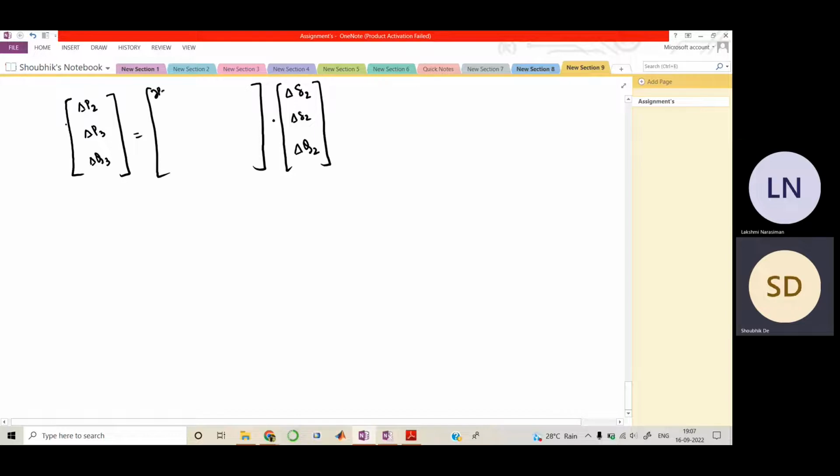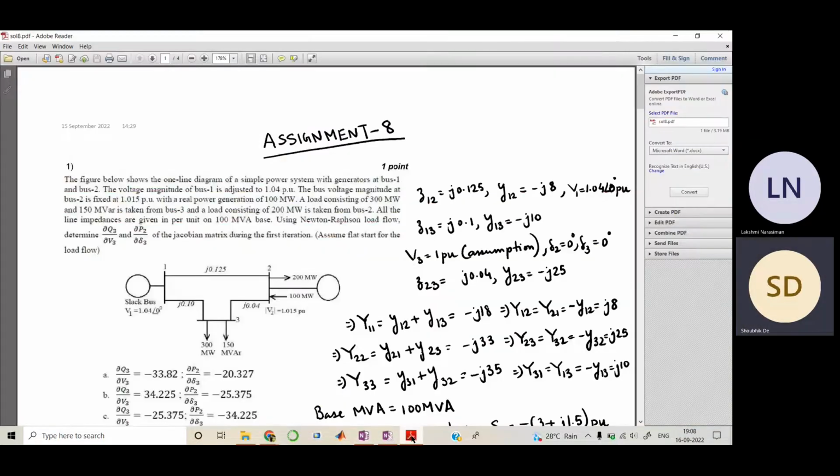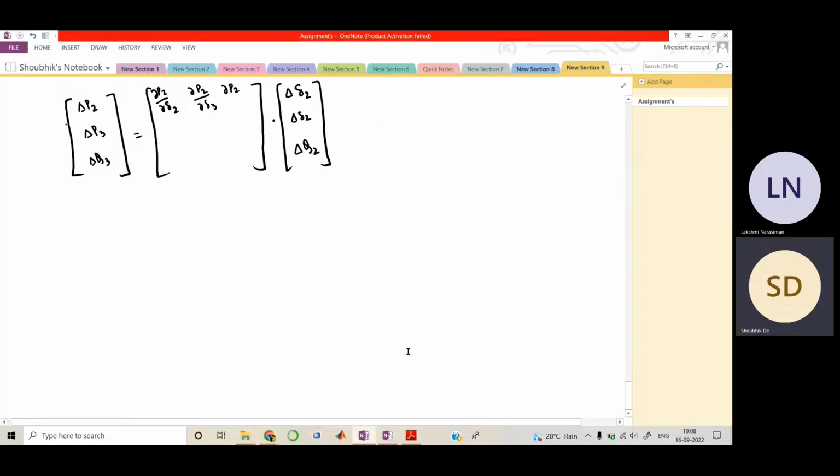It would be del P2, del delta 2, del delta 3, then, okay, sorry, I have made a mistake. These are all the parameters of bus 2.